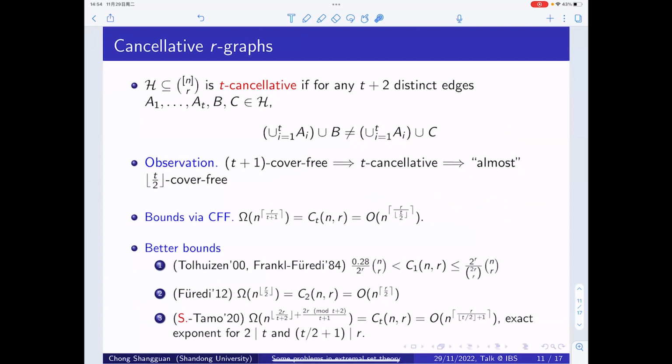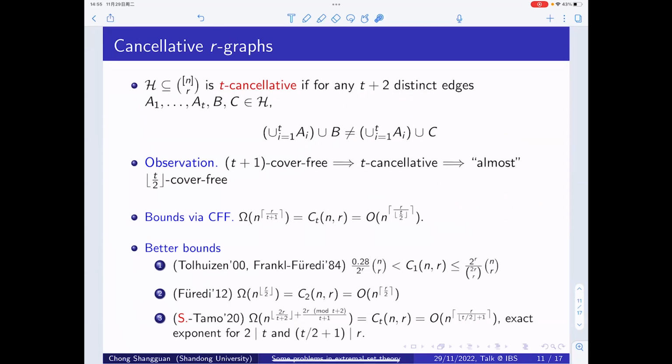Now let us discuss t-cancellative hypergraphs. Here is a recall of the definition. An r-graph is t-cancellative if for any t plus 2 distinct edges, the union of the A_i's and B does not equal the union of the A_i's and C. Similar to union-free hypergraphs, cancellative hypergraphs are also closely related to cover-free hypergraphs.